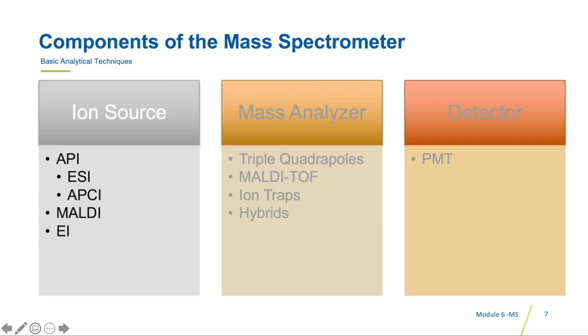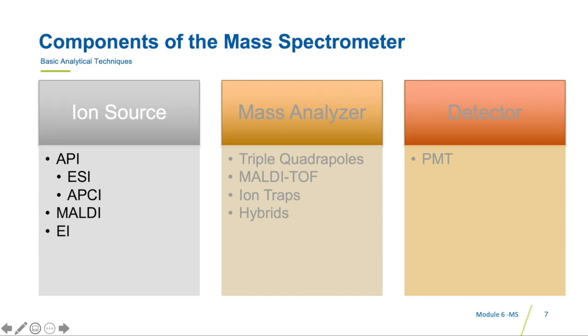The first group of sources is based on atmospheric pressure ionization, API. As the name indicates, this type of source operates at atmospheric pressure, which offers the advantage of avoiding a vacuum pump at this stage, making it a simpler system. The most popular type of API is electrospray ionization, or ESI, while atmospheric pressure chemical ionization offers some advantages for chemicals that are not easily charged.